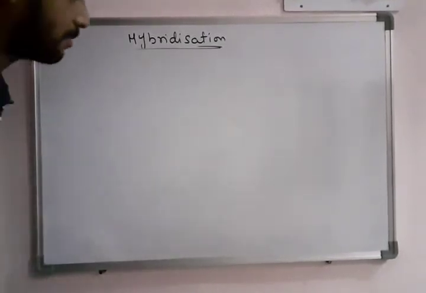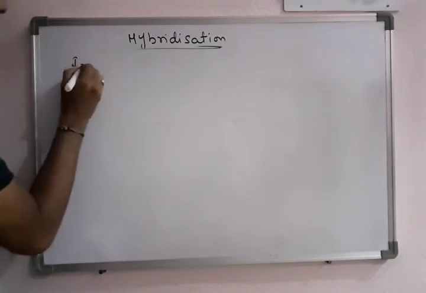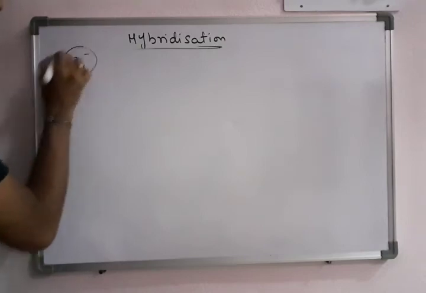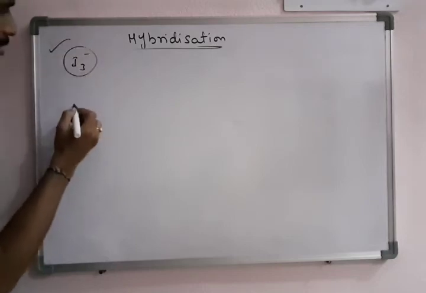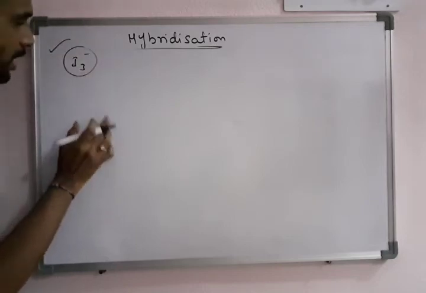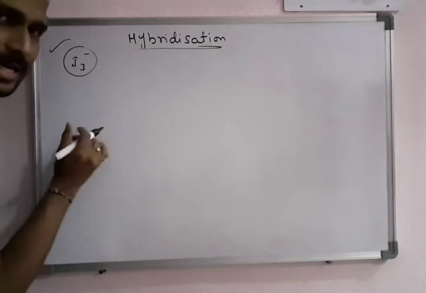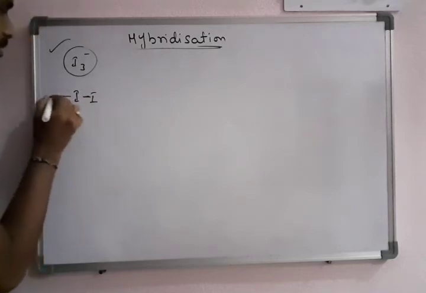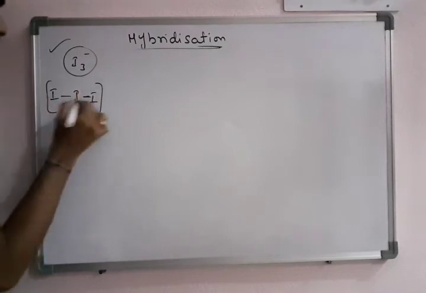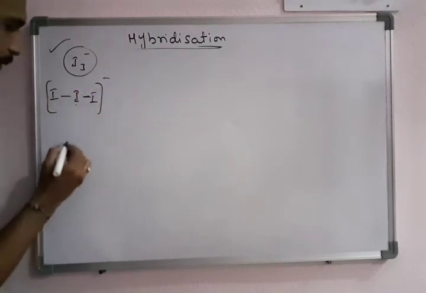Okay, let's see some more examples here. I3 minus. This is a very important one, the I3 minus. The iodine is the central atom and the remaining two iodines are the side atoms. So the central atom is iodine.